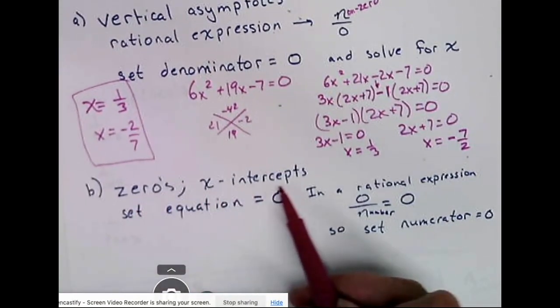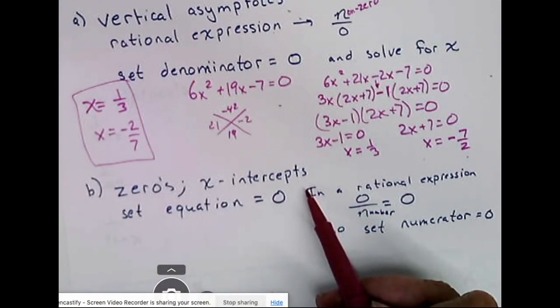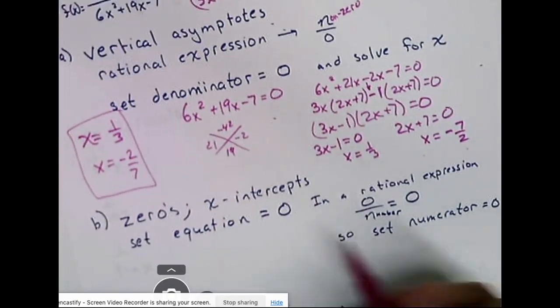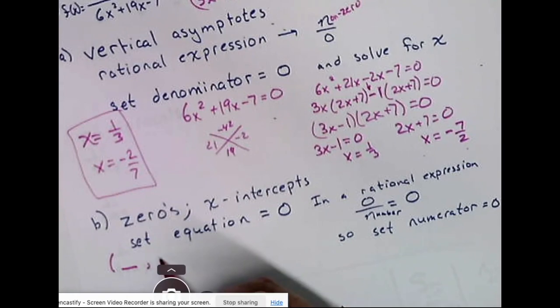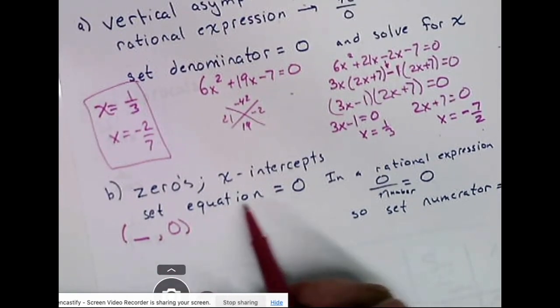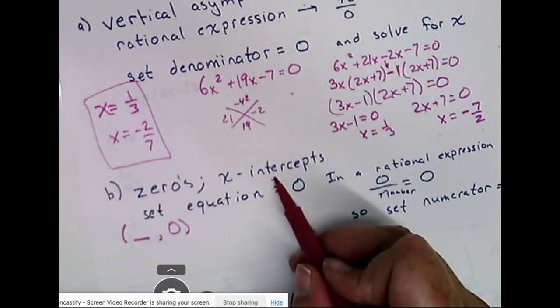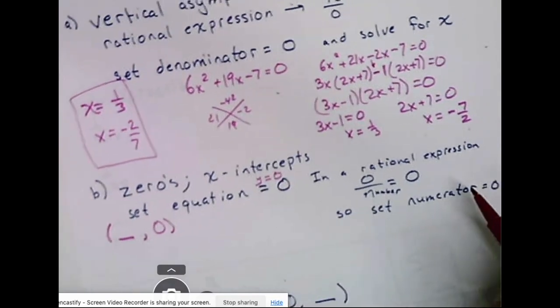If you're asked to find zeros or x-intercepts, remember the ordered pair for an x-intercept is a number, comma, 0. So you set your equation equal to 0. That's like saying make the y 0.